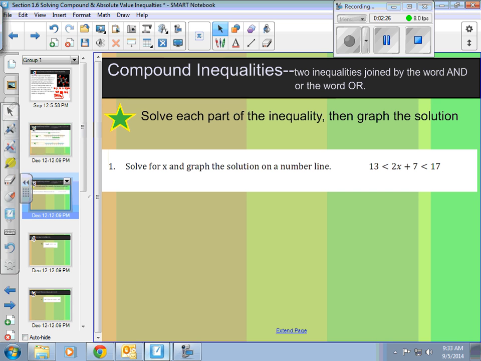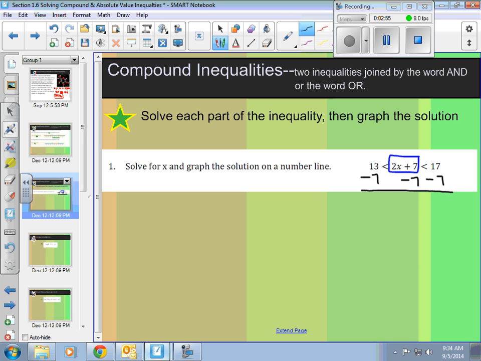So compound inequalities. We're going to solve each part of the inequality, then graph the solution. All we essentially need to do is solve this for x, and you can keep it all as one. I look at what I need to get x by itself, and we do it on all parts. I want to get rid of that 7, so I subtract 7 from everything.